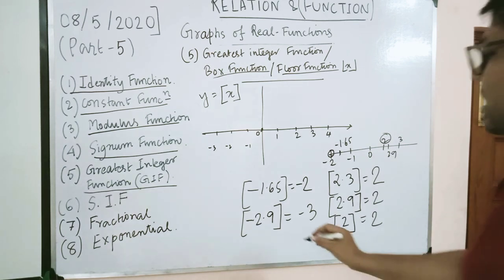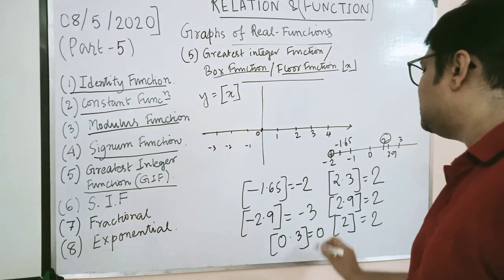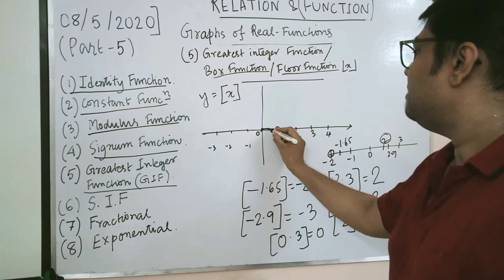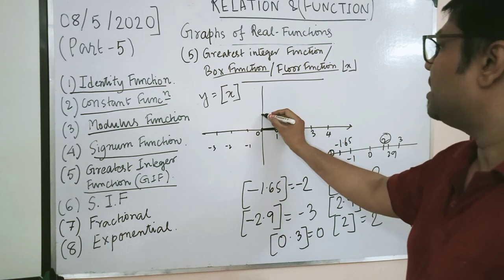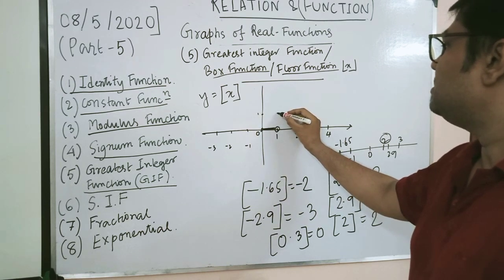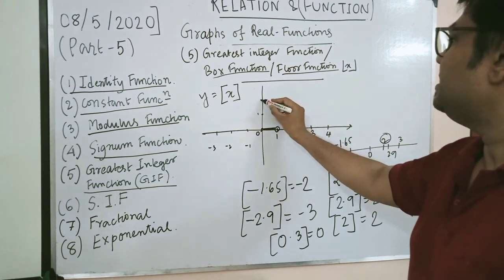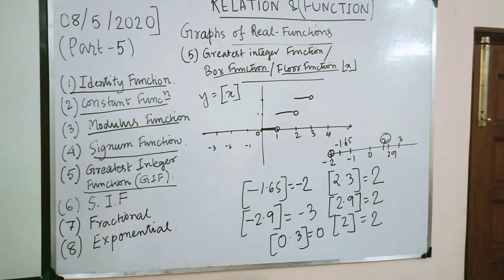Whenever you get something from 0 to 1, say 0.3, the value is still 0. So till 0.99, that means up to this point, the value is still 0. Now whenever it becomes 1, it jumps to 1 over here. That means the value starts from here. And again at 2, it jumps to 2. So it will be like this. Always you find that the right side of each step has a bubble, because this value is not included.